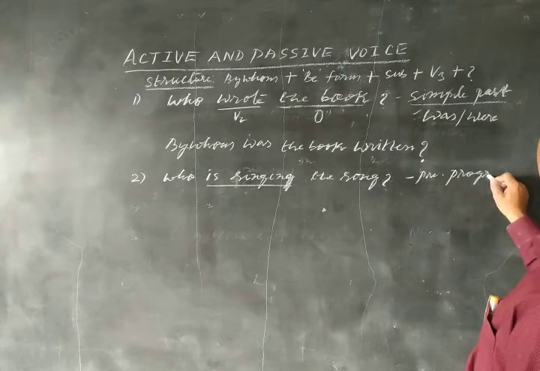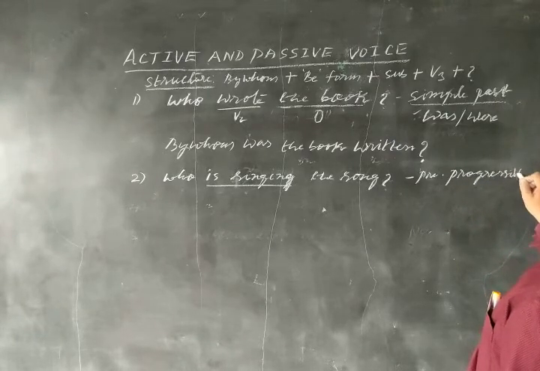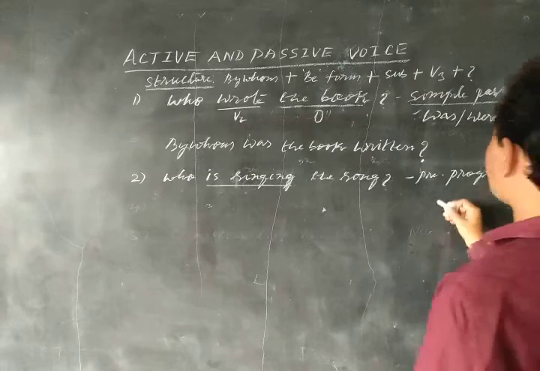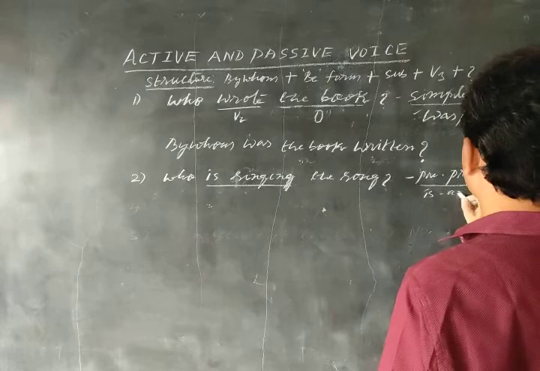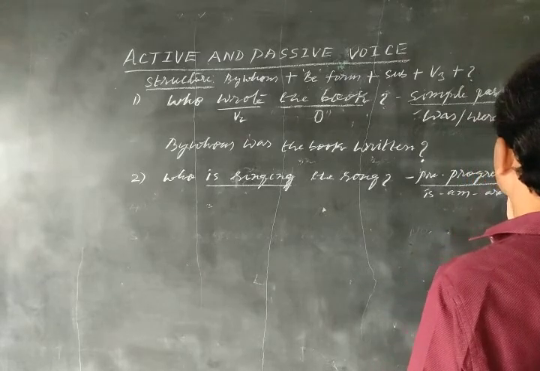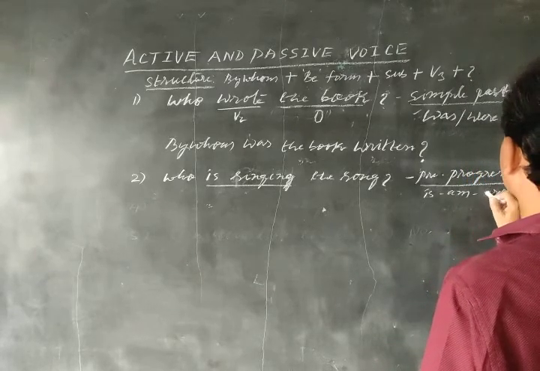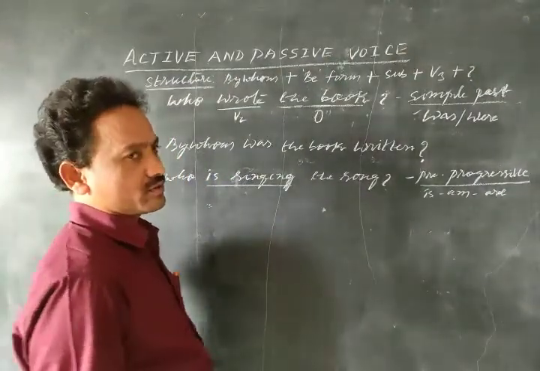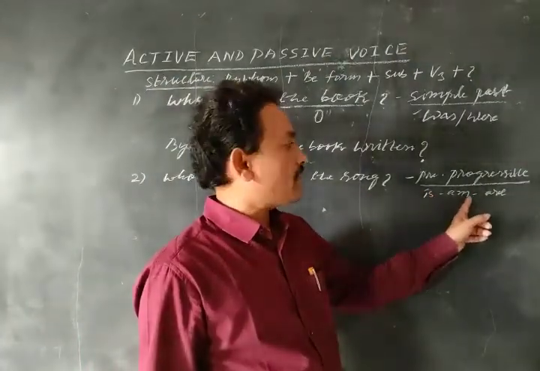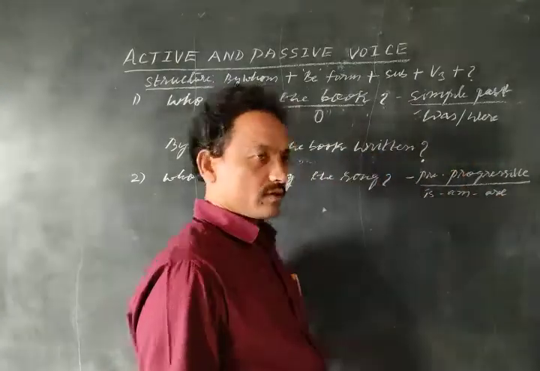Present progressive. Okay. In present progressive, the be forms are is, am, are, along with the structure of present continuous tense: is being, am being, are being plus V3. Okay.